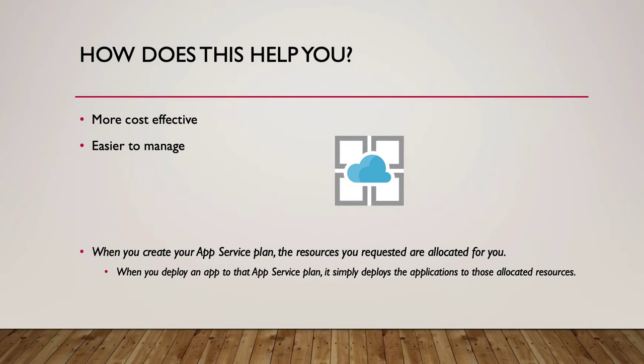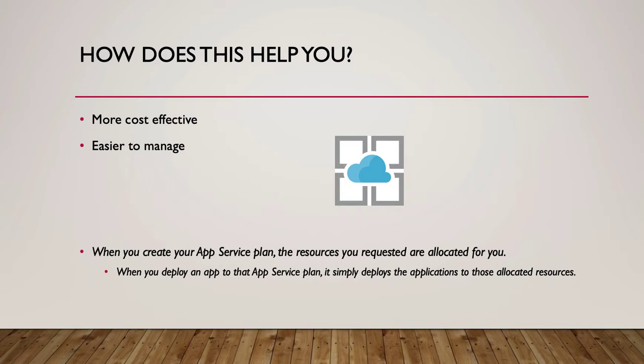If you could run those 8 applications on the same set of 2 VMs, it would be more cost effective and easier to manage. This is what using app service plans does for you. You set up one app service plan with a specific VM size, number of instances, and so on. Then you deploy the 8 applications specifying the same app service plan for each one. This results in all 8 applications running on that same set of 2 VMs.